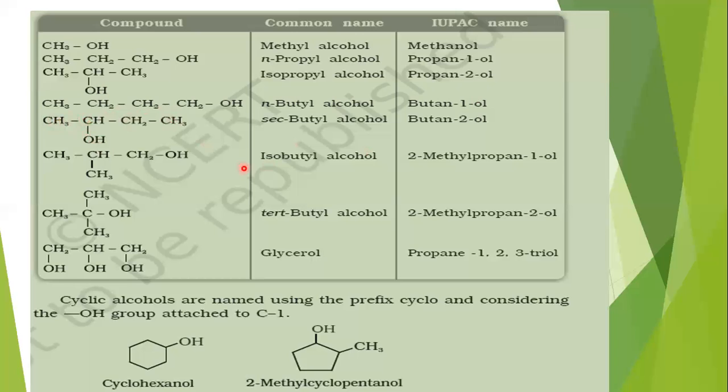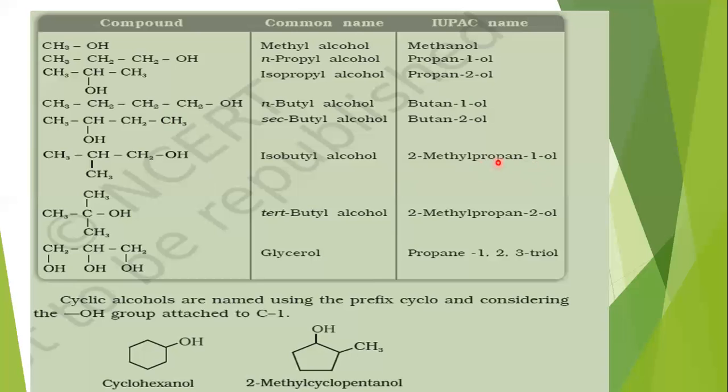Again, see another example also, 2-methylpropan-1-ol. In this example we are going from name to structure. If you get an idea about these nomenclature rules, then from this name we can write the structure also. So 2-methylpropan-1-ol. OL means hydroxyl group, 1 is the position of the hydroxyl group at the first carbon of propane.